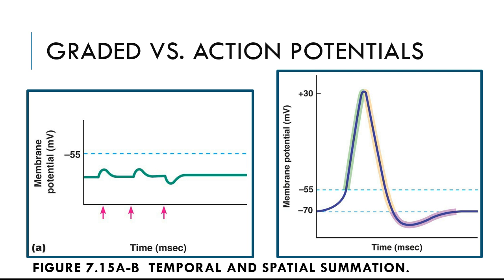Again, our graded potentials may be either depolarizations, bringing the potential closer to threshold, or they may be hyperpolarizations, bringing the post-synaptic cell further away from the threshold. These graded potentials may happen at any of the sensing areas of the cell. So definitely you can see a graded potential where?